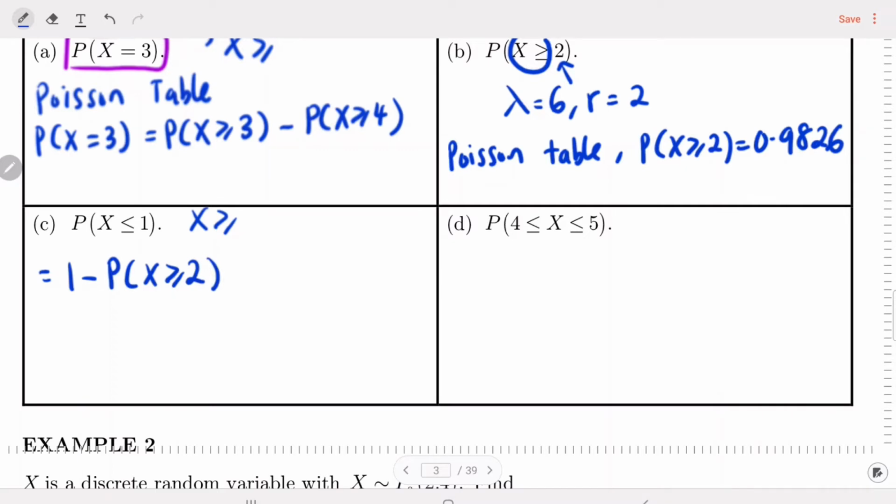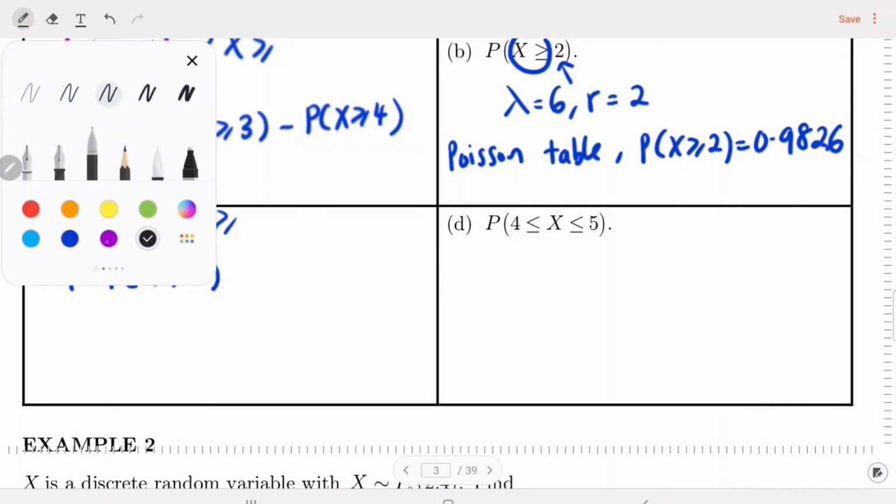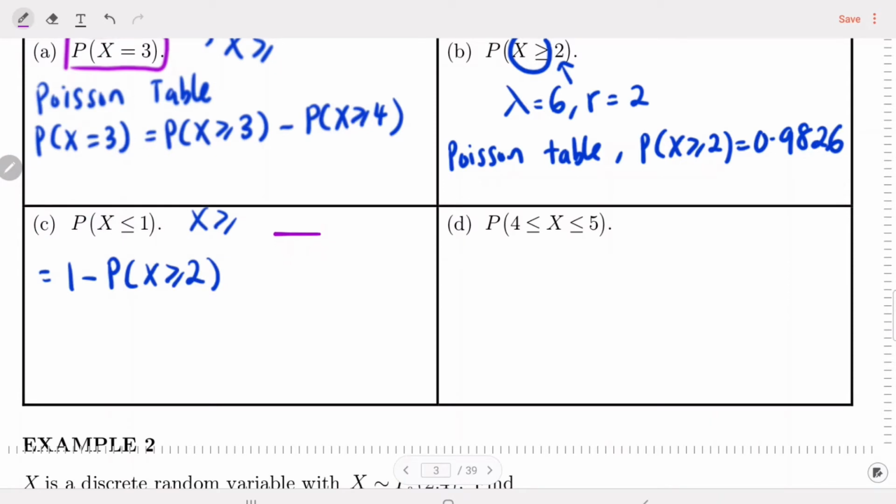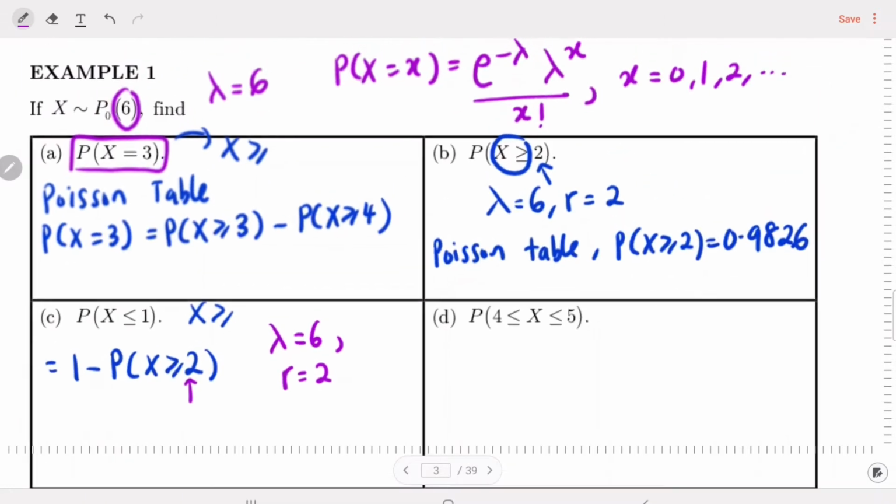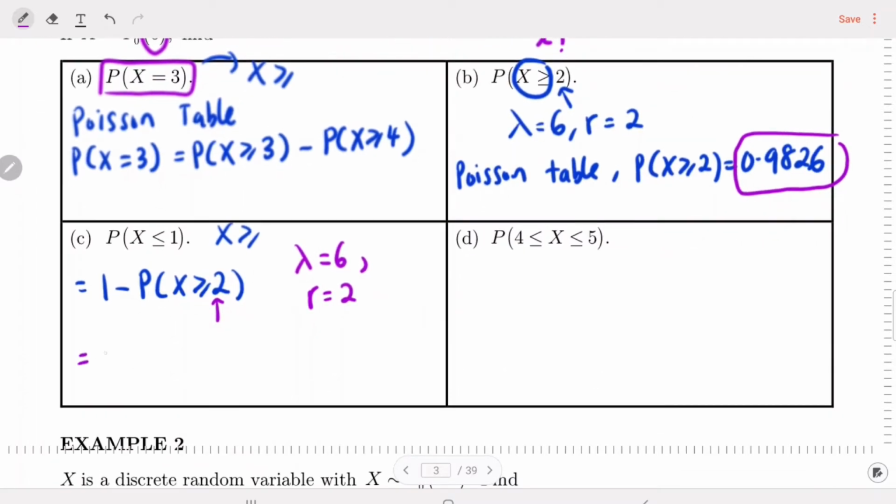Looking at the Poisson table, lambda equal to 6 and r equal to 2, the value is the same as B, which is 0.9826. So 1 minus 0.9826 gives us the answer 0.0174.